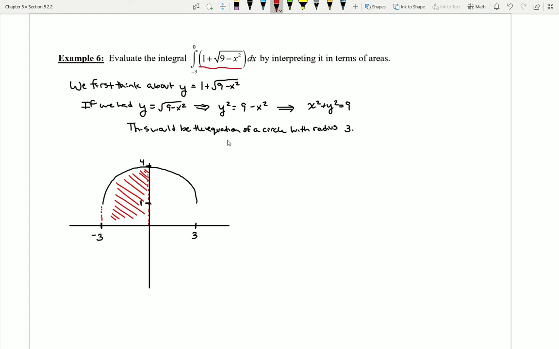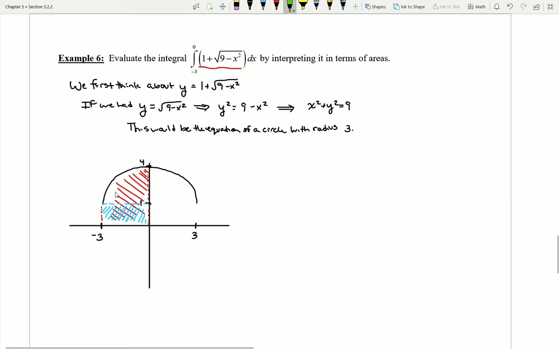Now, to compute this, I can note a couple quick things. First off, since I was dealing with the equation of a circle, I might be able to use the area of a circle formula to find at least a portion of this area. Take a look at how I might divvy this up into 2 distinct regions. If I draw a nice horizontal line right across here at 1, I could see that this bottom portion is just a nice little rectangle, and I could find that area no problem.